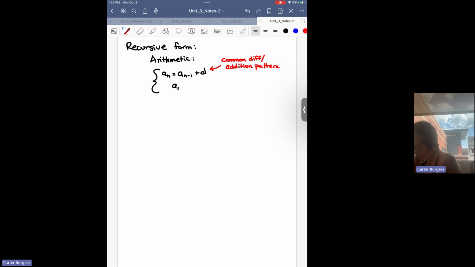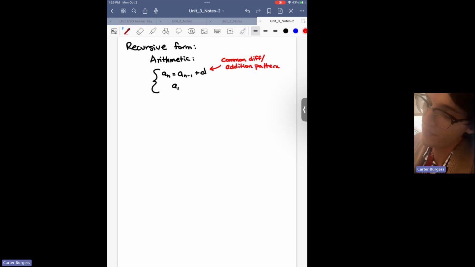Technically speaking, it's the common difference, because if you take the difference of any two consecutive terms, you should always get that common difference. But that should also just make a lot of sense. If I move from a sub n minus 1 to a sub n by adding d, then finding that difference should just be d, right? I've displaced myself by d, and so that difference is fairly reflexive, fairly recursive, one might even say. But not too worried about that. It's just our addition pattern.